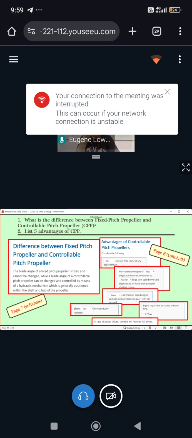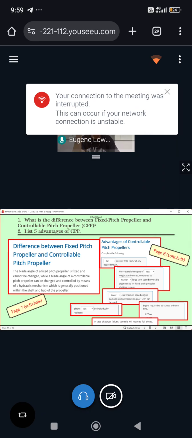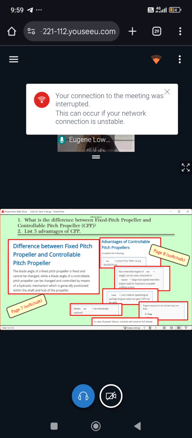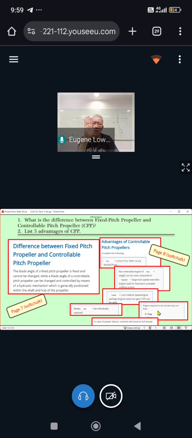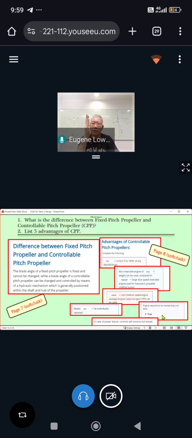All you need to change is the blade angle, either to the positive direction or the negative direction. Positive generally refers to moving the ship ahead, negative moving the ship astern, right? It goes from 0 to 100%. Let's say a blade angle of 40 degrees is considered 100%, so 0 to 40 degrees.